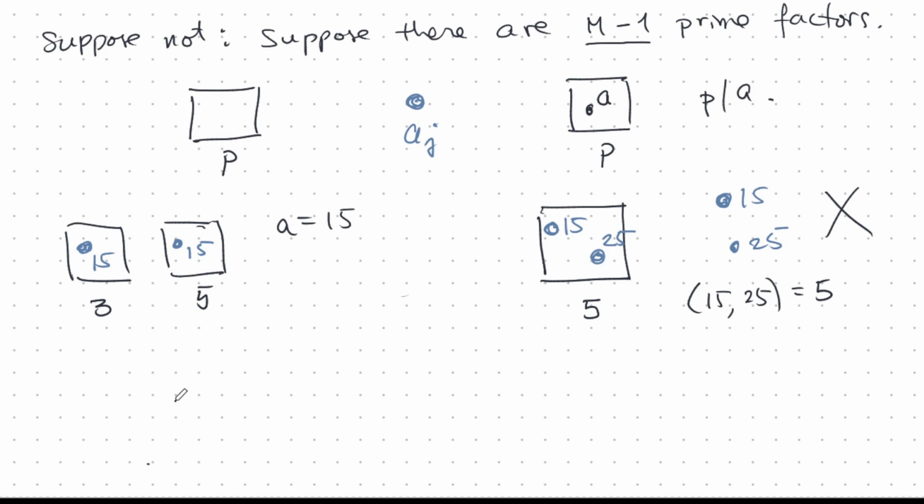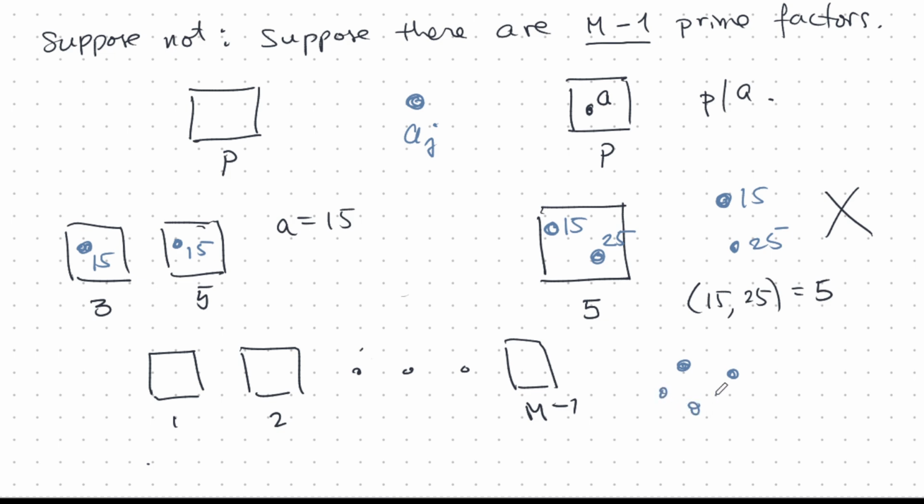So now let's draw all of our boxes and see what happens. I have m-1 prime boxes. But in all, how many of these blue dots do I have? Well, I have A_k, k goes from 1 to m, big M. I have m dots. I have m pigeons that I've got to put in those boxes.